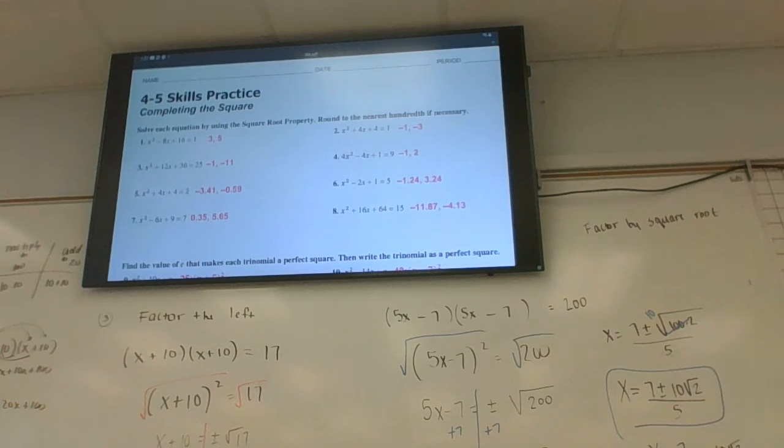Number 7, you should have had 3 plus or minus the square root of 7. And number 8, you should have had negative 8 plus or minus the square root of 15. Do those look better than those decimals? Yeah. I do know there's kind of a place for decimals. This is not it.